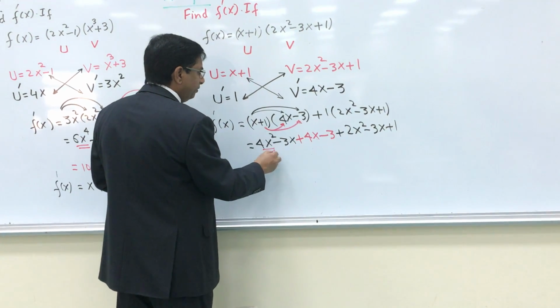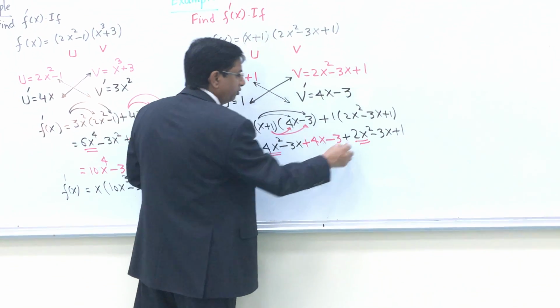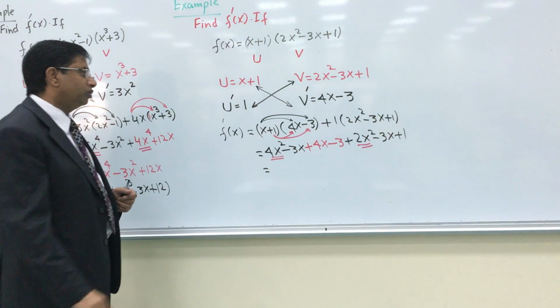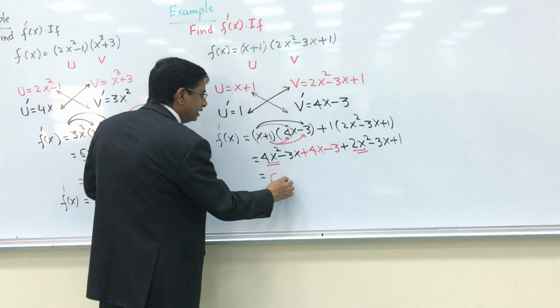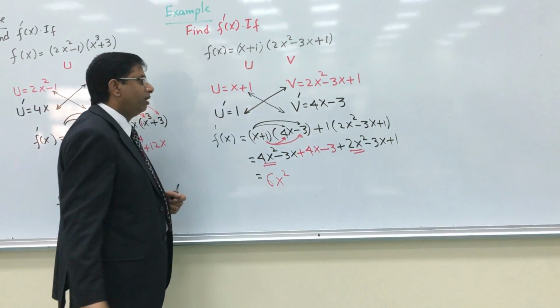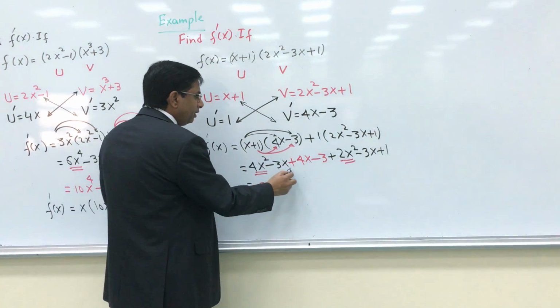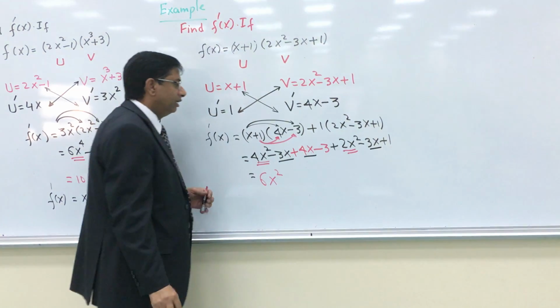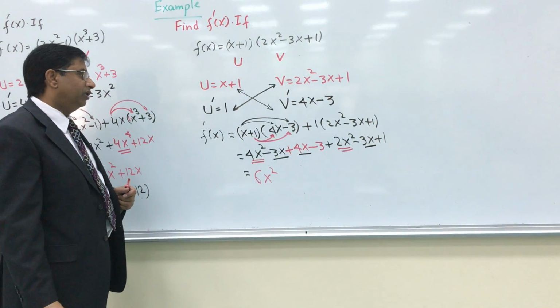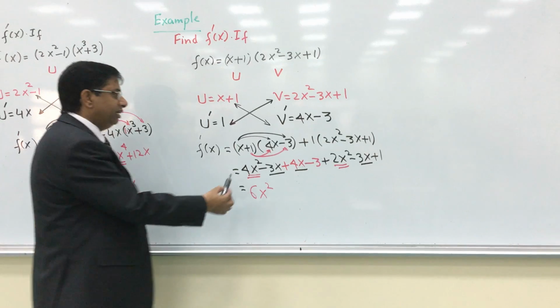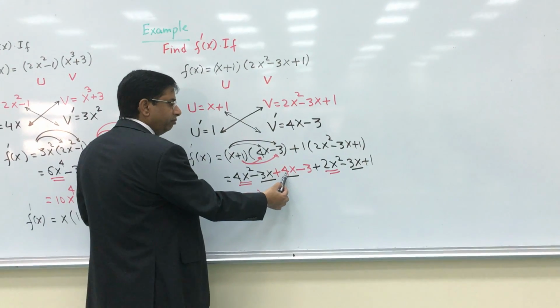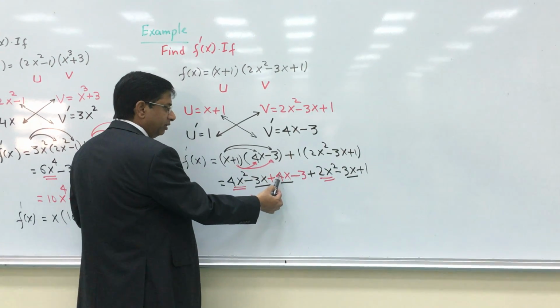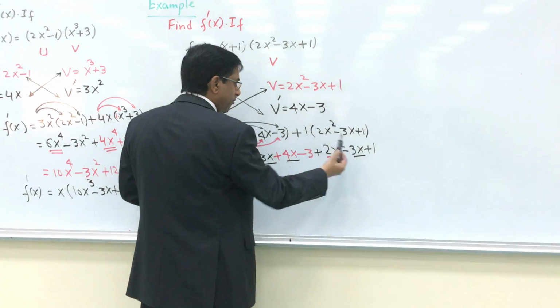X squared here and x squared over here. So 4 plus 2, 6x squared. You can see these terms are taking x, so they are like terms: minus 3, and plus 4, plus 1, positive 1. And 1 minus 3, minus 2.